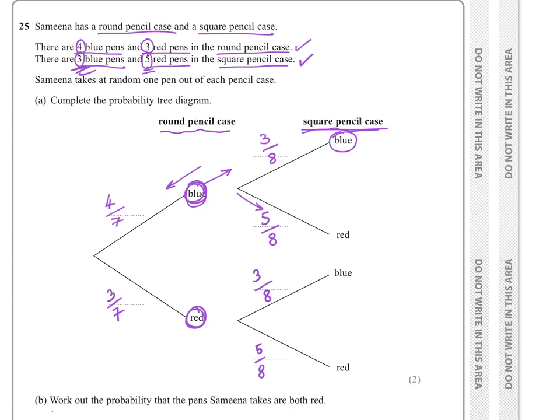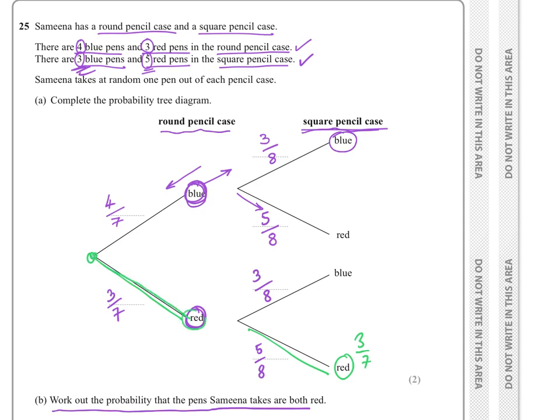Now we've got to work out the probability that the pens Samina takes are both red. Well, both red would be this one option here. So let's work out the probability of getting to here from here, where we'd have 3/7.